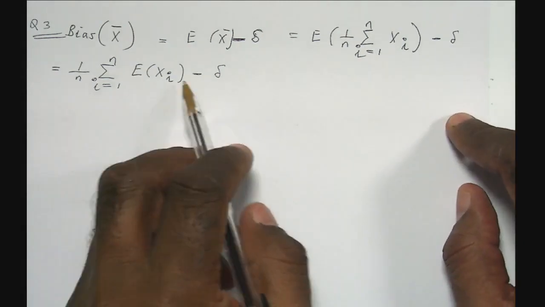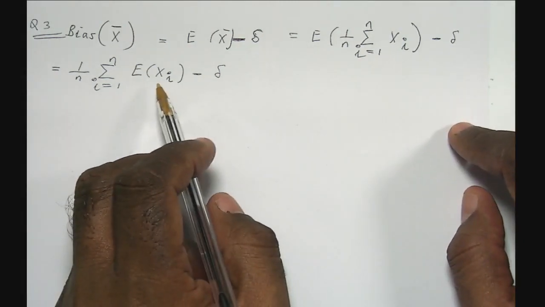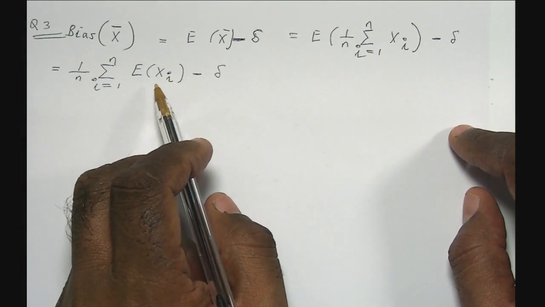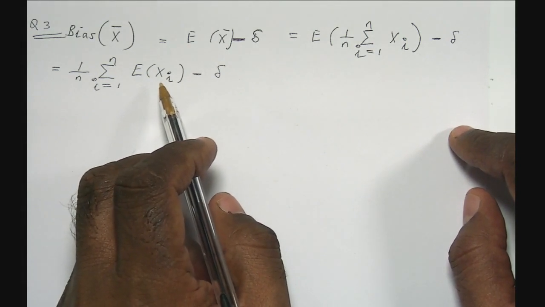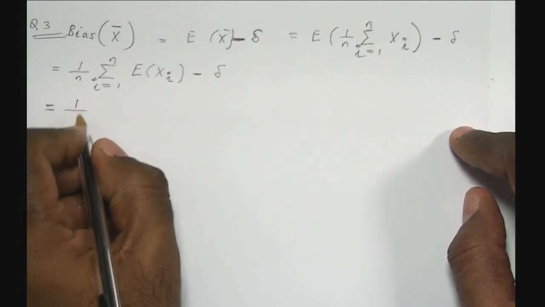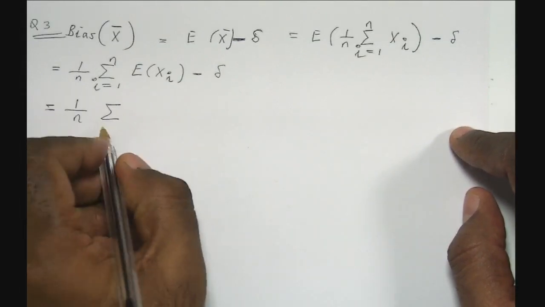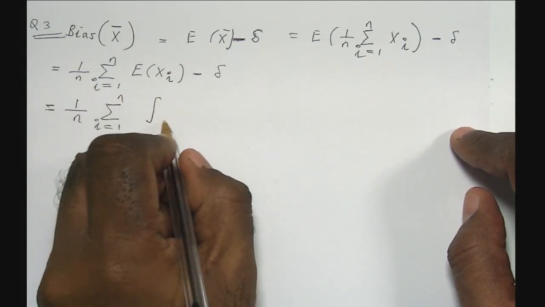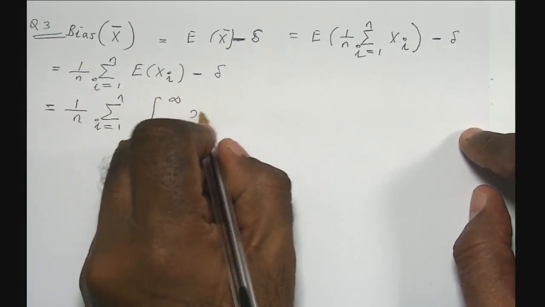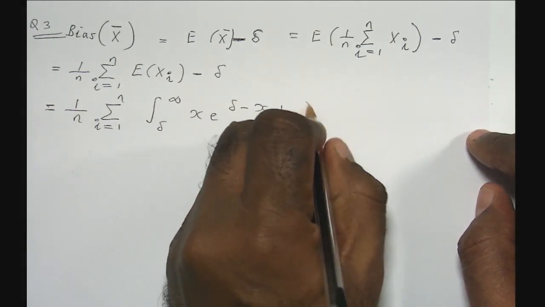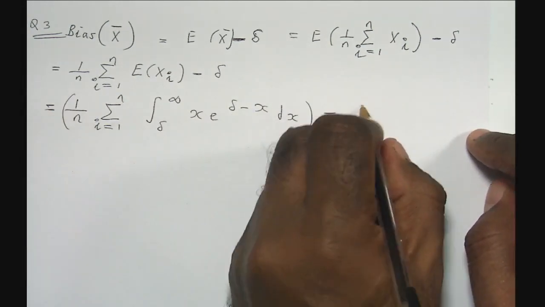Now, how do we find the expectation of xi, guys? You are given the density function, so you simply integrate the density function to find the expectation. So this is 1 over n times the sum of the integral from delta to infinity of x e to the delta minus x dx, minus delta.